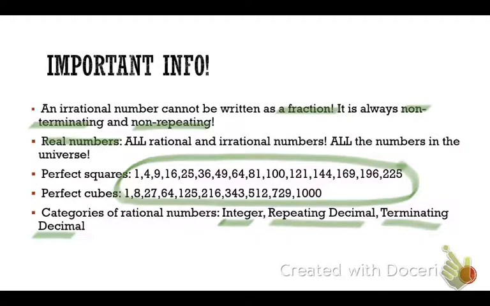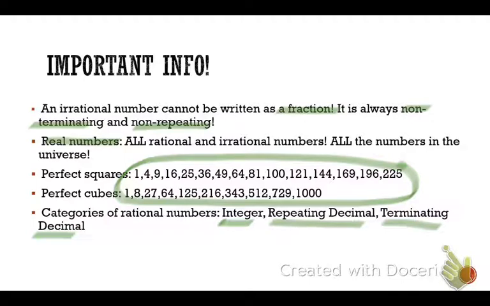Negative 20. Negative 35. Negative 4. Positive 6. None of those numbers had a decimal value. An integer is either a positive or a negative number, but it does not have something like 2.1. That would be a terminating decimal. 2.3 repeating would obviously be a repeating decimal. All of which are still rational numbers.